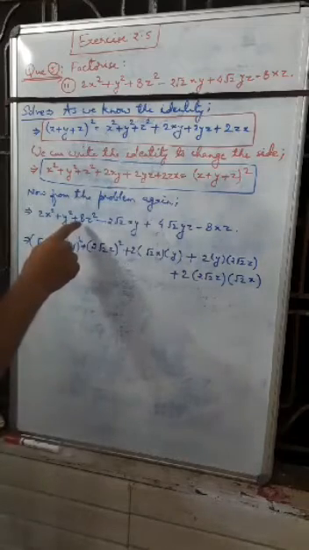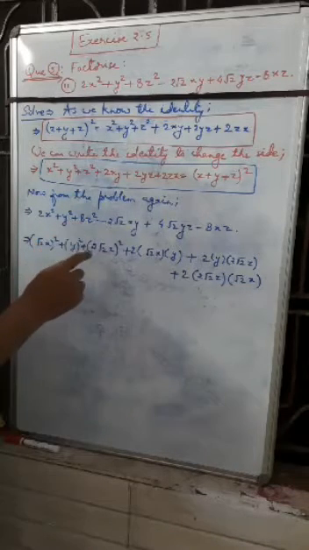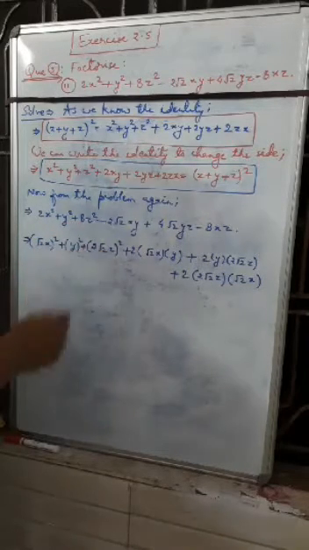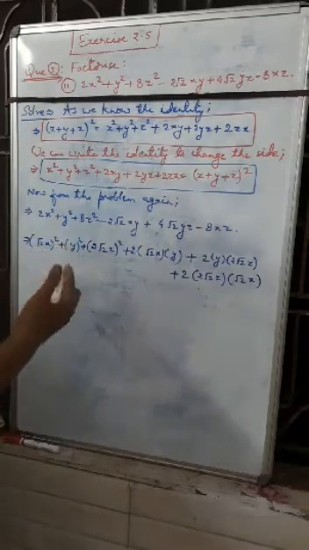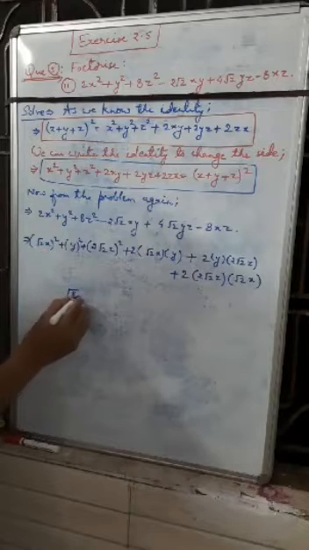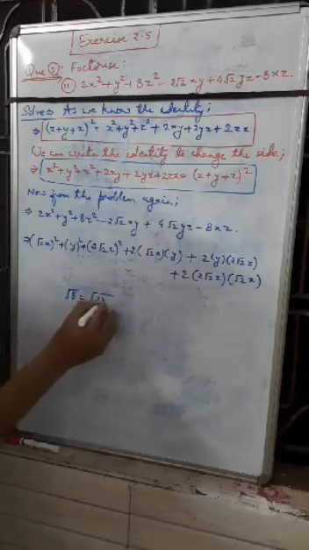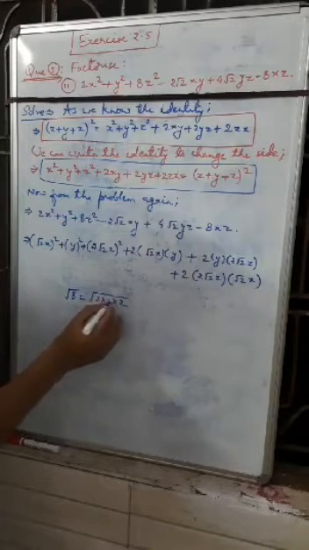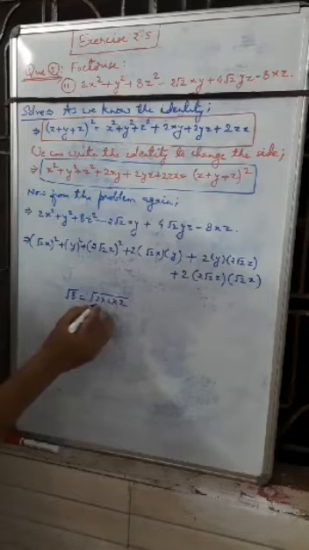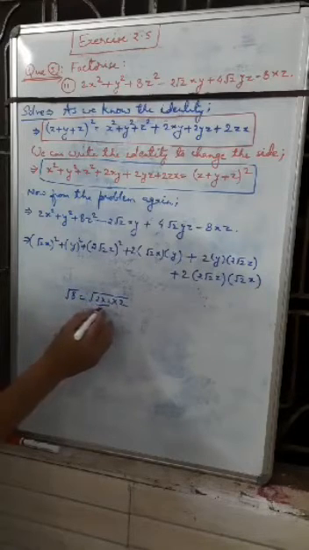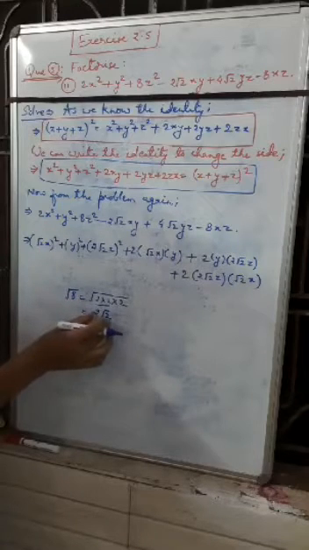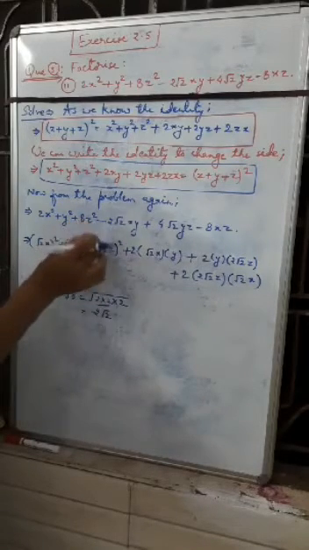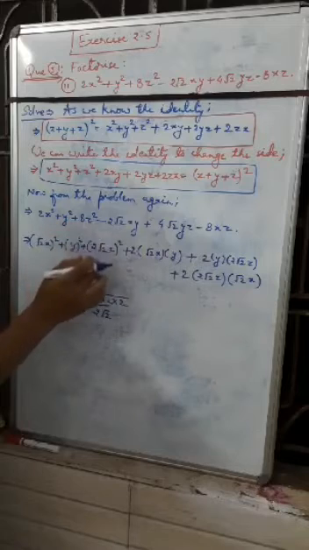Now we can write 8 is equal to 2 root 2 whole square. How is it? If we find root 8, it is 2 into 2 into 2. So 2 2s are 4, 2s are 8. We can make the pair, so that 2 will come out from under root, 2 root 2. So under root 8 is equal to 2 root 2. So we can write 2 root 2 z whole square.